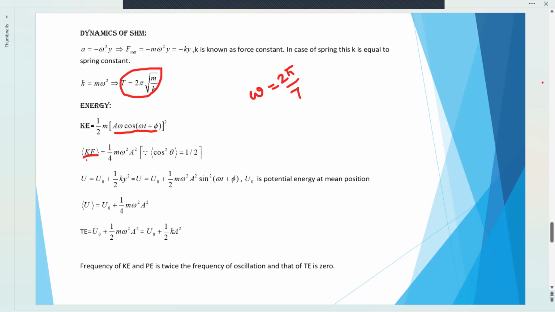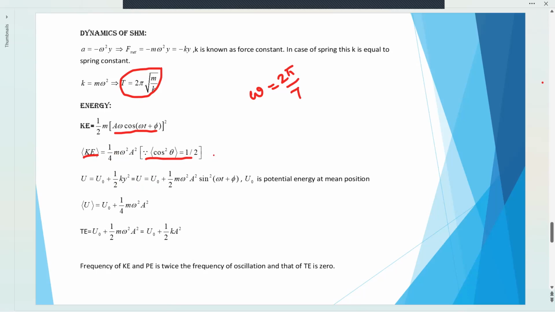So the average value of kinetic energy is equal to half, so it is 1 by 4 m omega square a square. And how did we get 1 by 4? The average value of cos square function in one cycle is 1 by 2. This is what you learn in mathematics. The average value for cos square function or for sin square function is the same for both.